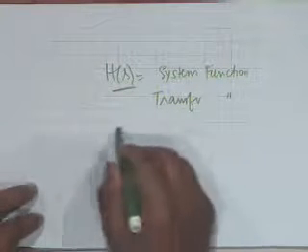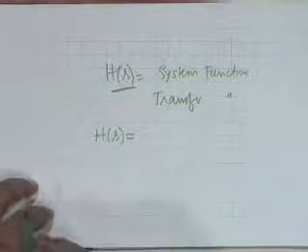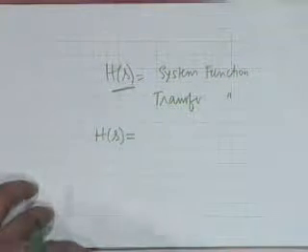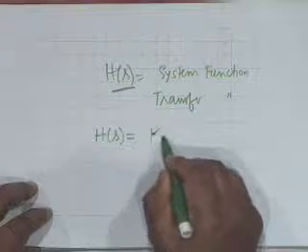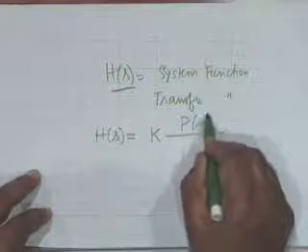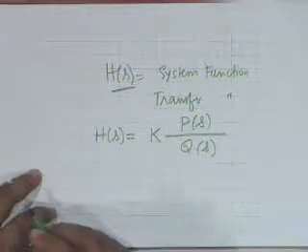Now obviously you see H of s for rational systems, that is for lumped systems, is of the form some constant K multiplied by a polynomial P of s divided by another polynomial Q of s.